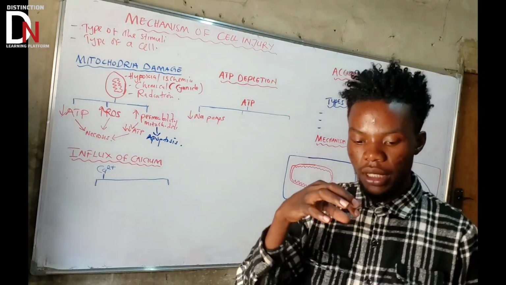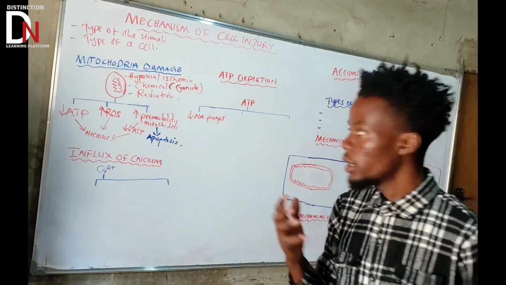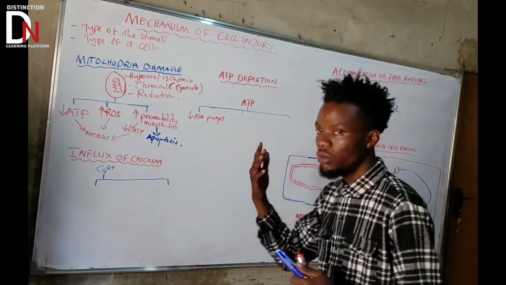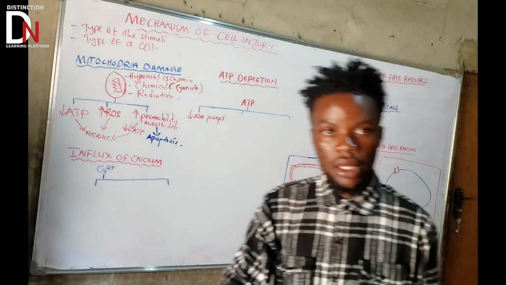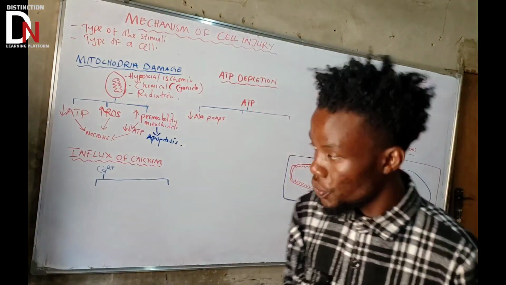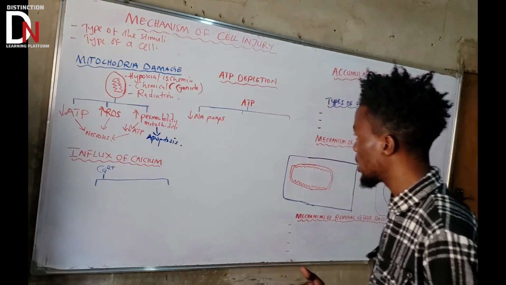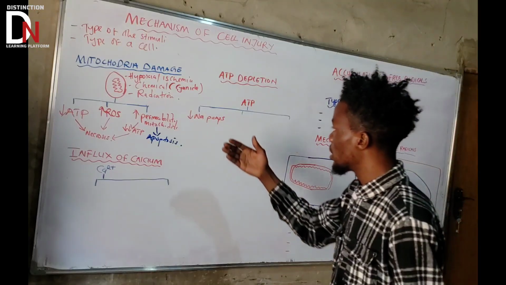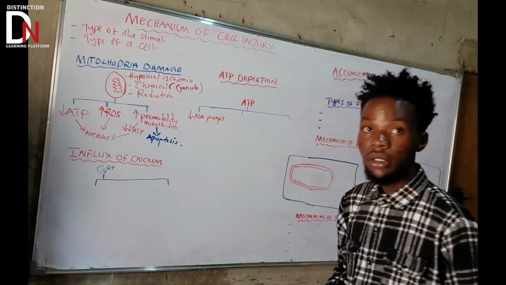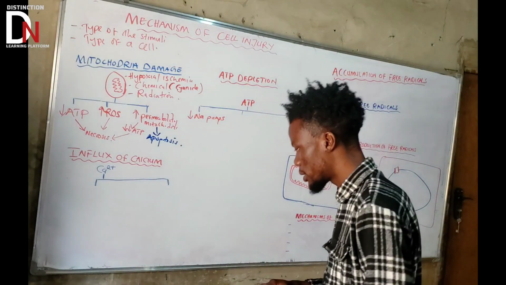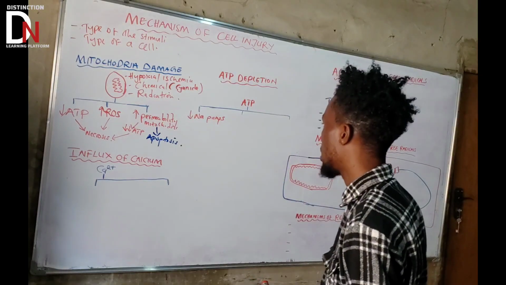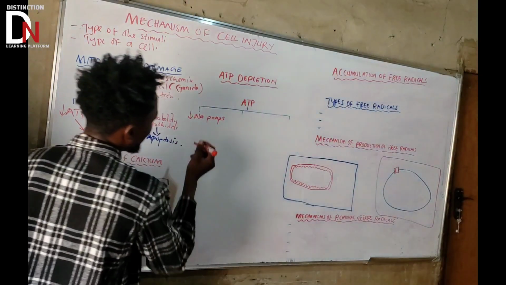Now if there is a decreased amount of ATP, then these sodium pumps are going to decrease according to their functionality. If they decrease in functionality, what's going to happen? Then they will lead to something else that is very dangerous. So there is a decrease in the sodium pumps working, then it will lead to what?